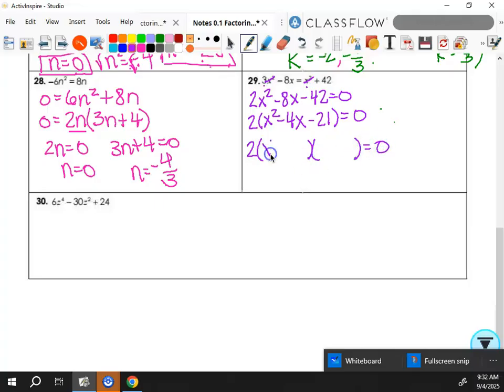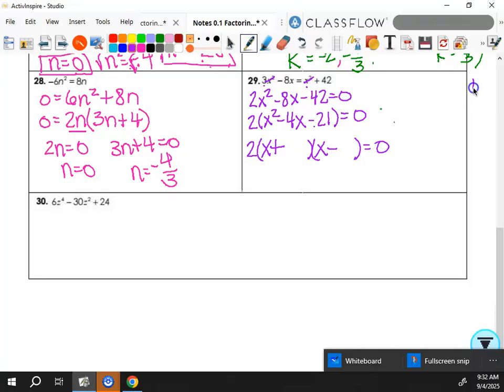And I know this is going to be x and x. This is negative, so the signs are opposite. I need 2 numbers that multiply to give me negative 21 and combine to give me a negative 4. 7 and 3, yes. Because the only factors of 21, and if you're stuck there, just start writing them down.